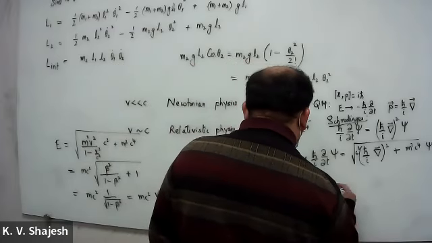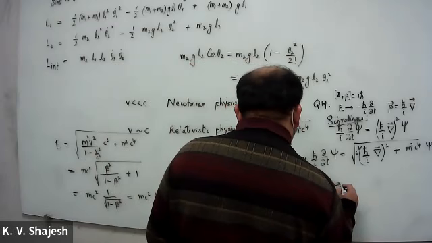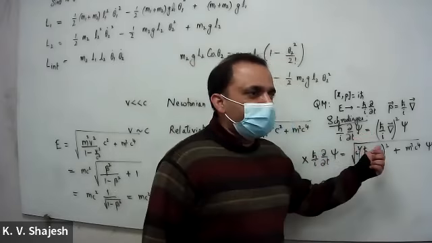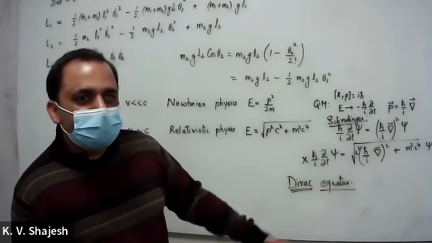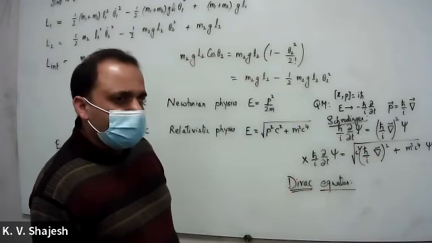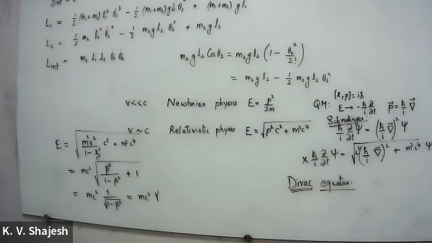The Dirac equation is the Schrodinger equation in the relativistic case. You should see it in the last part of the quantum mechanics course, about half a semester.